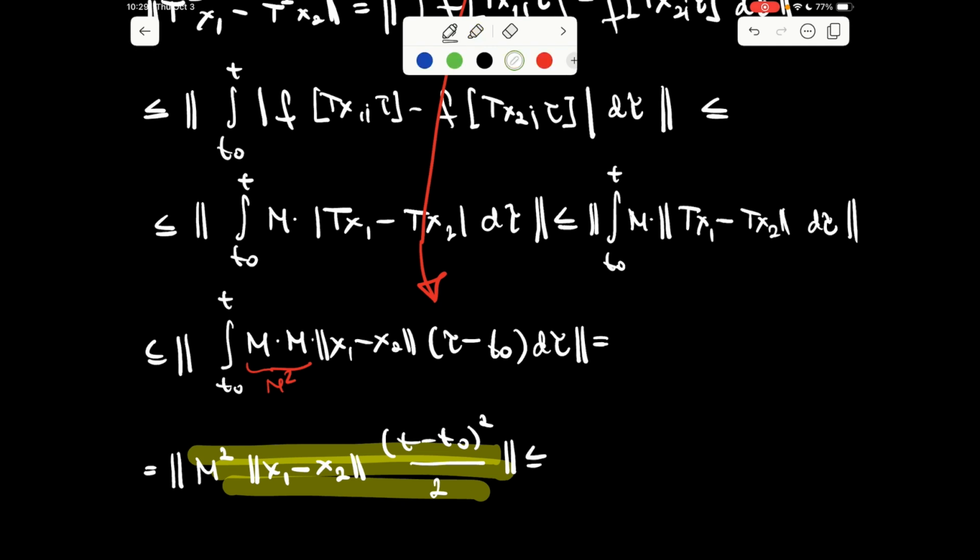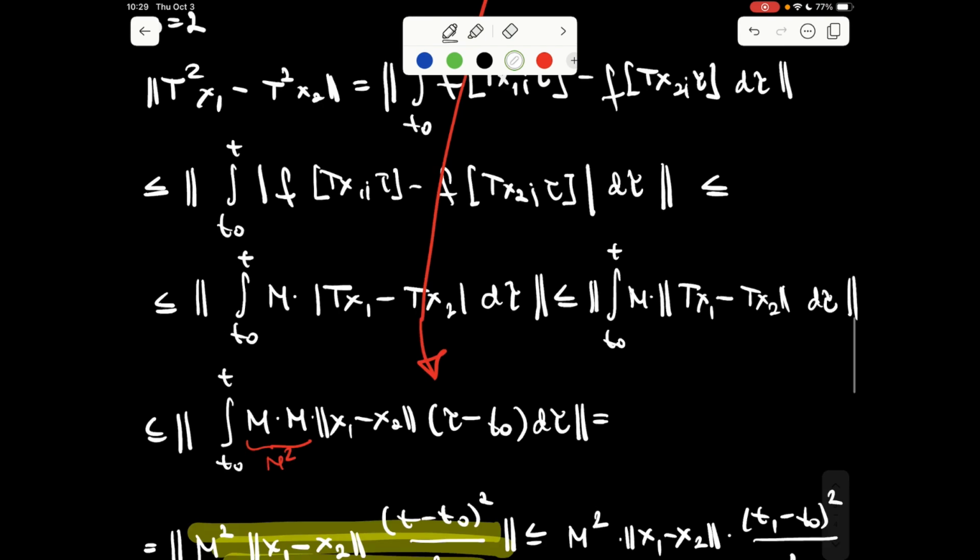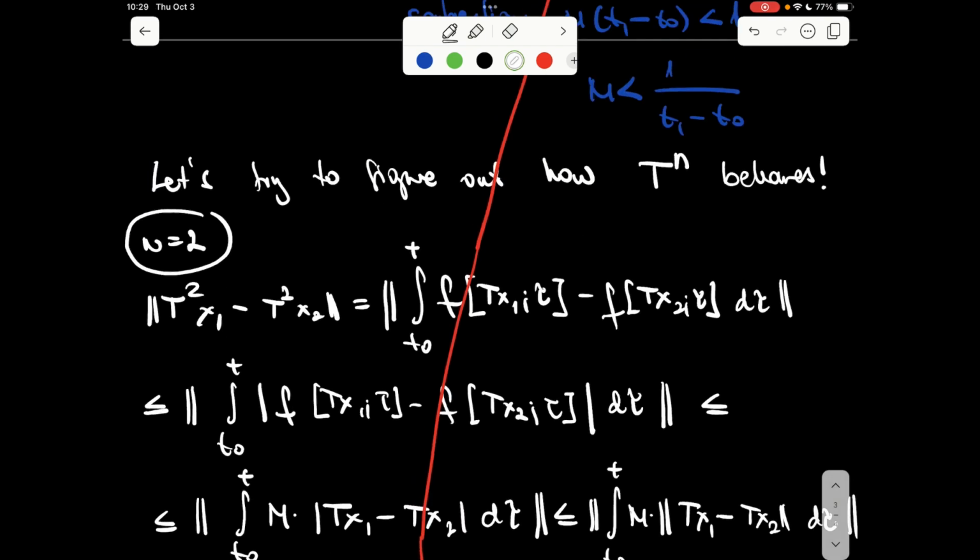And it cannot be higher. Note we use the max norm. So it's highest when t is t1. So this is the case when n is 2.